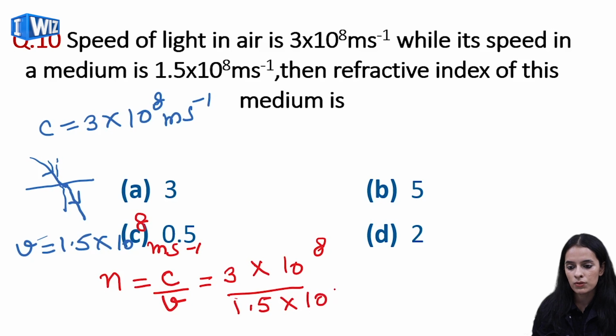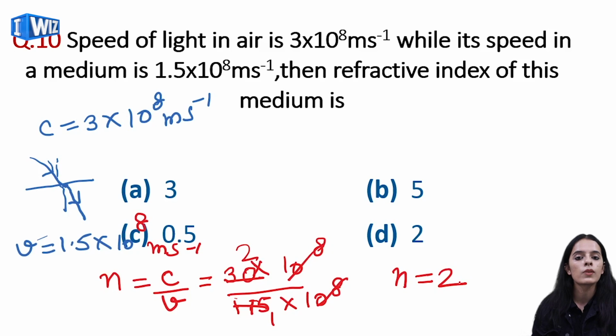Just put the values. The 10 raised to power 8 cancels, 1.5 point cut, 0 will go upwards, 15 twos are 30, so the refractive index will be 2. Clear? So what's the right option from here? It is 2. Now come to the next question.